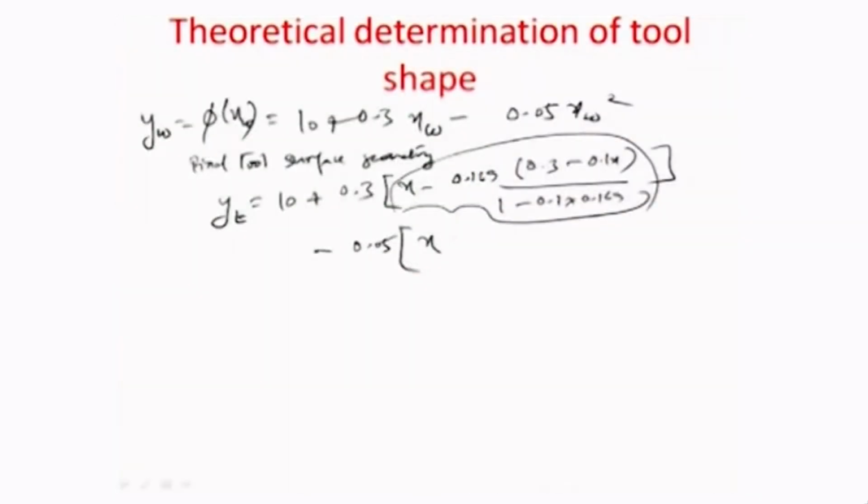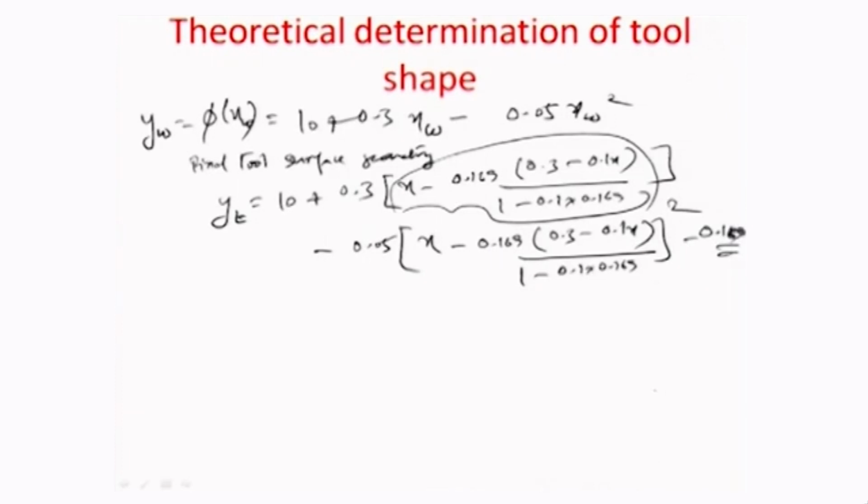Okay. And so, this minus 0.05 times the same argument, 0.169 times 0.3 minus 0.1 x divided by 1 minus 0.1 times 0.169, square of that value, minus 0.169, which is the lambda by f, or the equilibrium gap term in this expression.